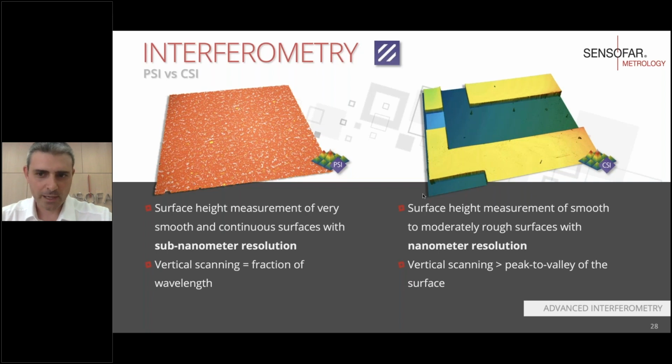In contrast, white light interferometry, or coherence scanning interferometry, can measure surface height on smooth to rough surfaces with 1 nanometer resolution and with a vertical scanning range that depends basically on the working distance of the objective. So you can scan several millimeters while keeping this nanometer resolution.